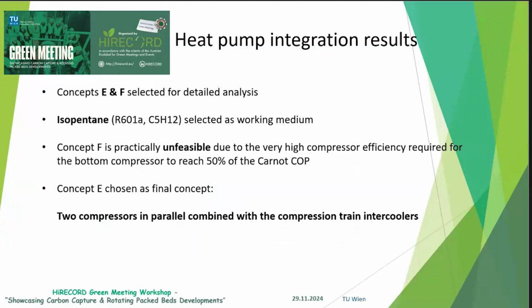Here I found that concept F, where we have two compressors in series, is practically unfeasible. The reason is that the Carnot COP breaks down at very small temperature differences. Because we have two compressors stacked on top of each other, the temperature lift is too small to be commercially feasible. For this reason, I've chosen concept E as the final concept. So we have two compressors in parallel, and we also have added the compression train intercoolers as a waste heat source.